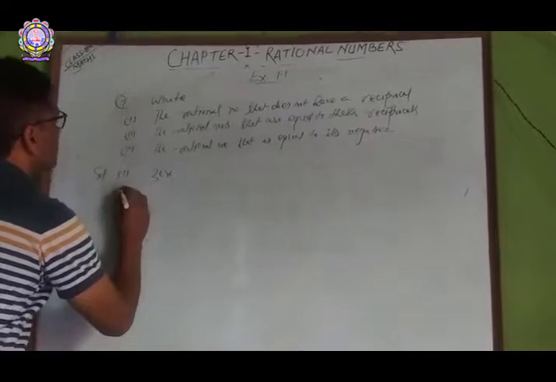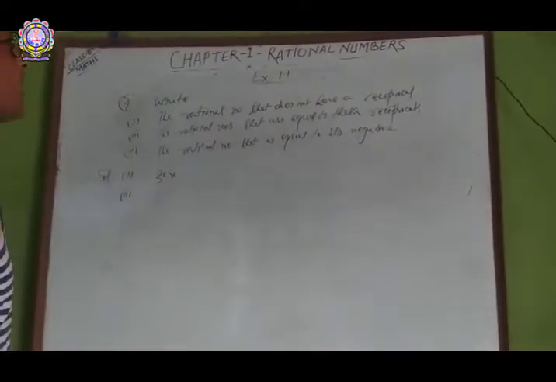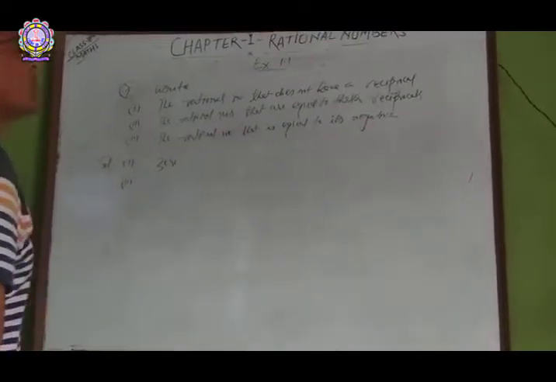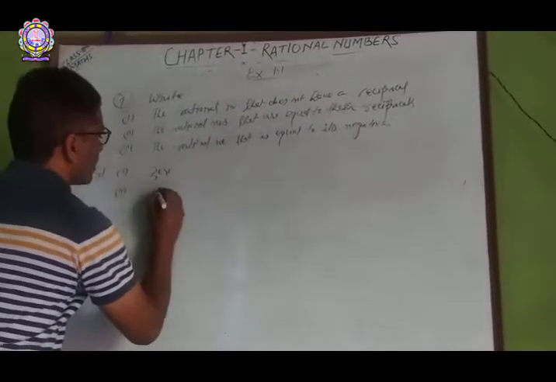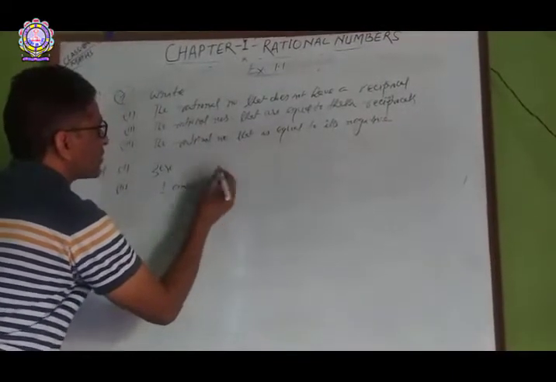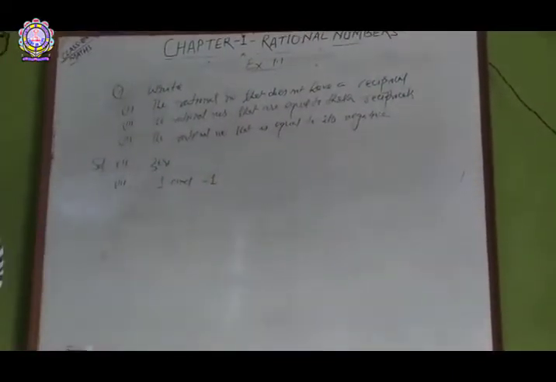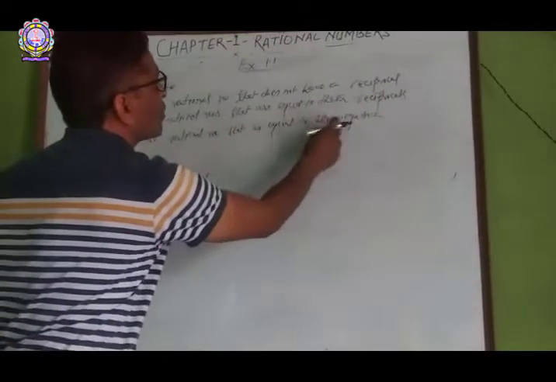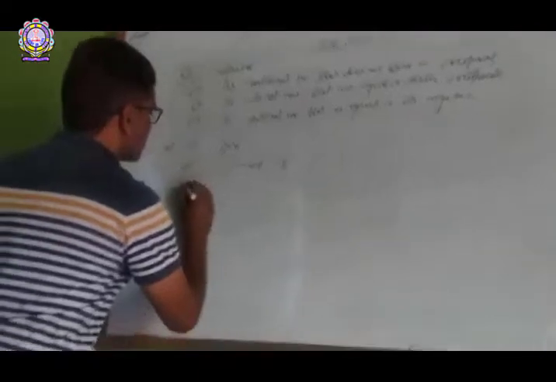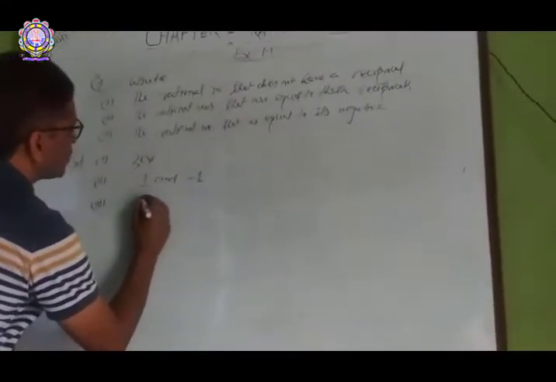Second part is the rational numbers that are equal to their reciprocals, answer are 1 and -1. Third is the rational number that is equal to its negative. Answer is 0.